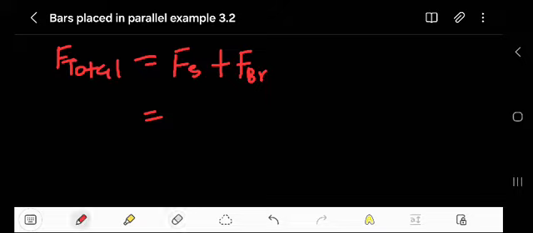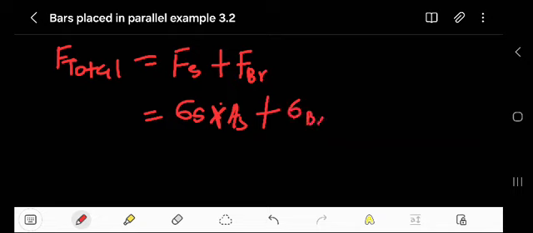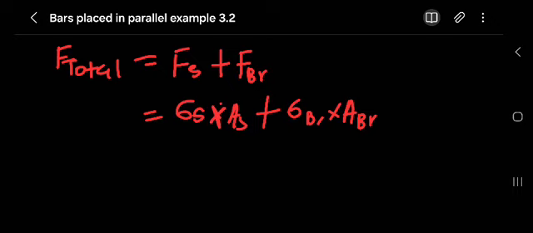It will be the stress of the steel multiplied by the area of the steel, plus the stress of the bronze multiplied by the area of the bronze. So now we are specific.